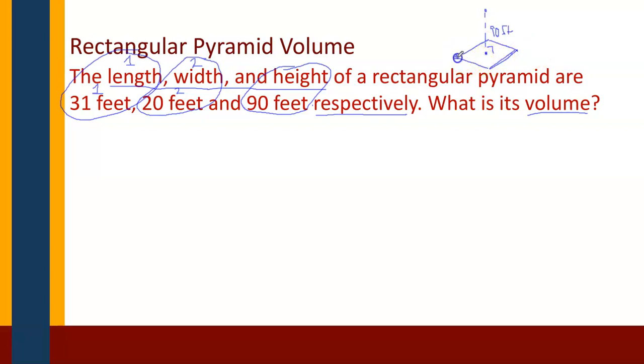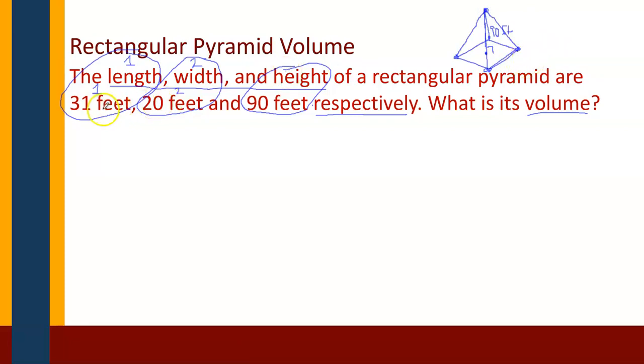Then each one of the corners I'm going to connect with the apex, the vertex at the top. So I draw a line from this corner vertex up to the top vertex called the apex. Then I'm going to draw a line from this vertex up to the apex, from this vertex up to the apex, and from this vertex in the back up to the apex to draw my rectangular pyramid.